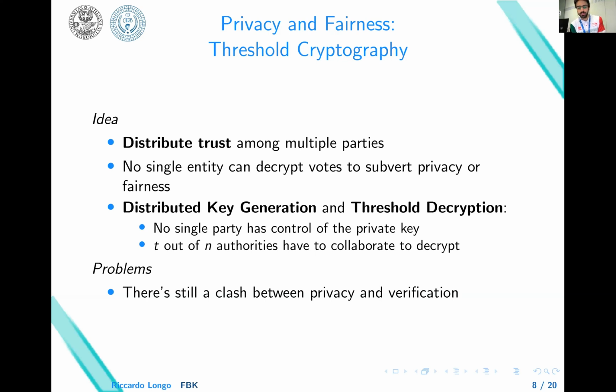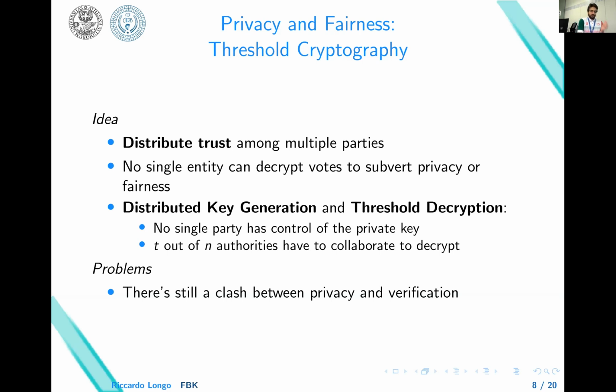For example, in the previous case, the authority could decrypt the votes before the end of the voting period and reveal some information on how the election is going, and thus break fairness. With threshold cryptography, we can avoid this problem if we trust that at least some of the authorities are honest.